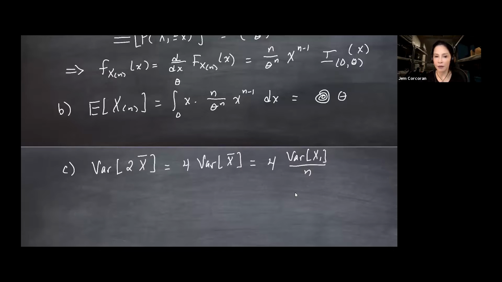And if you look in the table, for a uniform on alpha to alpha plus beta, the variance is beta squared over 12, which is weird looking, but true. You can work it out and you'll get that. So the beta here is theta. So this is 4 theta squared over 12 over n, which is theta squared over 3n.